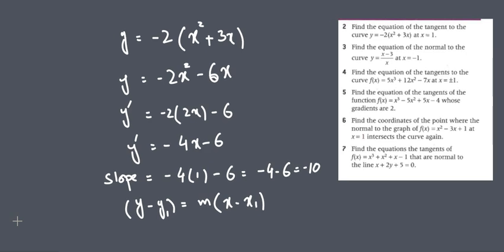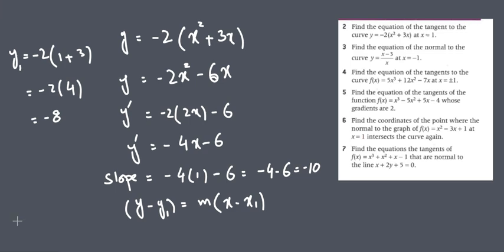For this purpose, I will just substitute 1 here. So y1 is basically the value of the function at 1: negative 2 times 1 squared is 1, plus 3, so it becomes negative 2 times 4, which is negative 8.